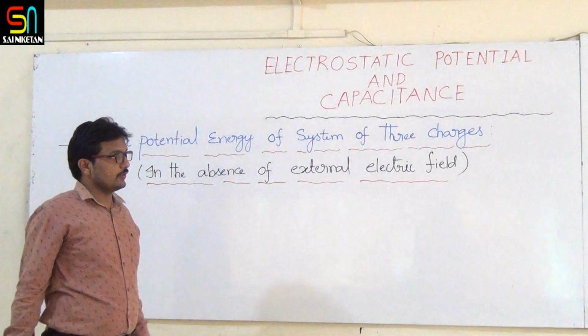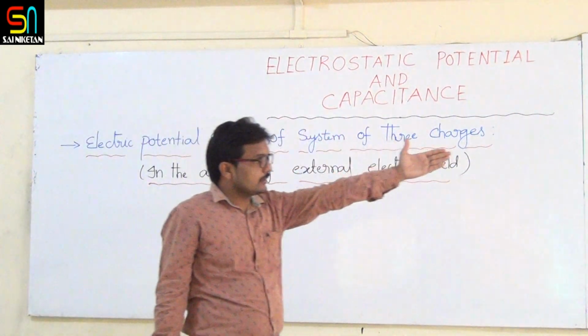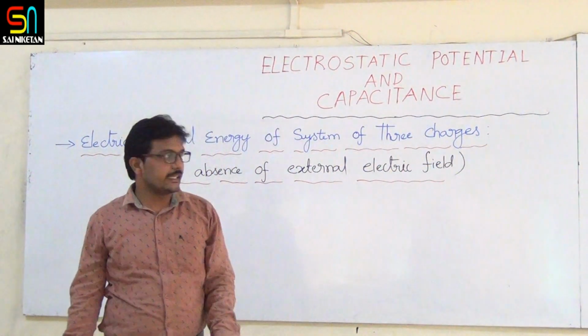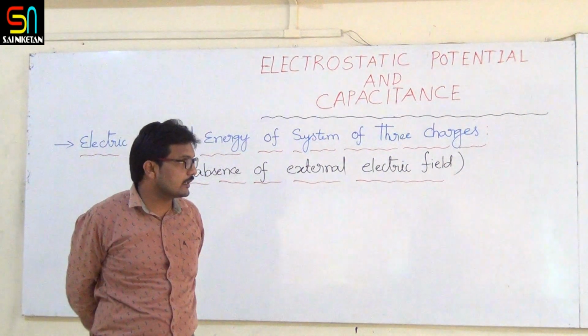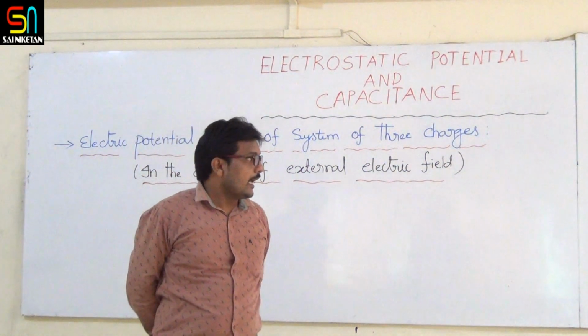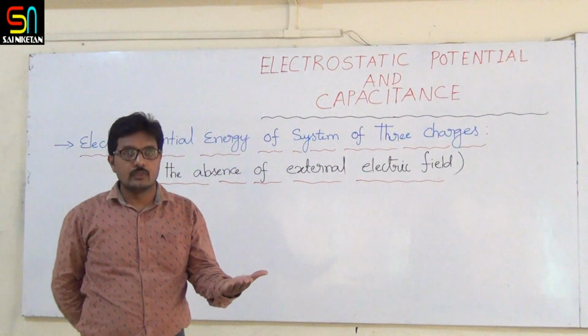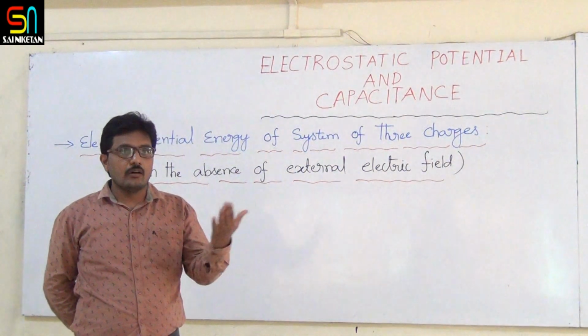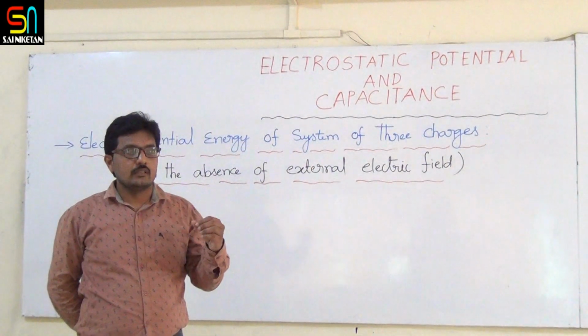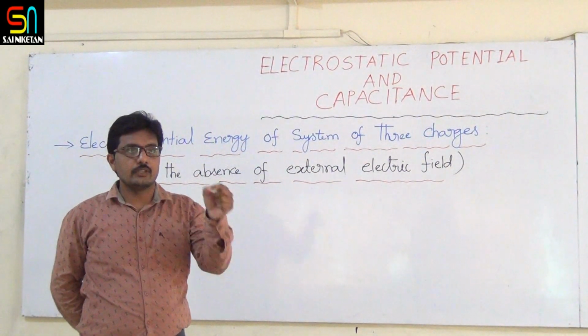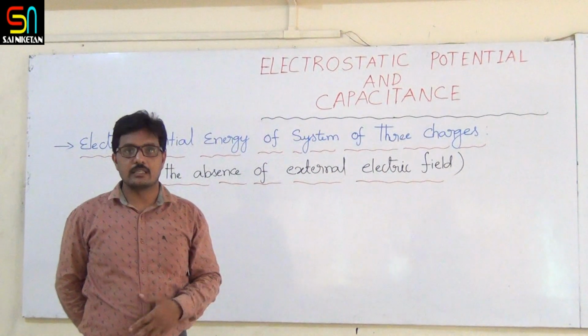In that conservative nature, we got the formula that the line integral of E bar dot dl is equal to 0. As the electric field is conservative, for all systems from the initial point to the final point, we get the same result.